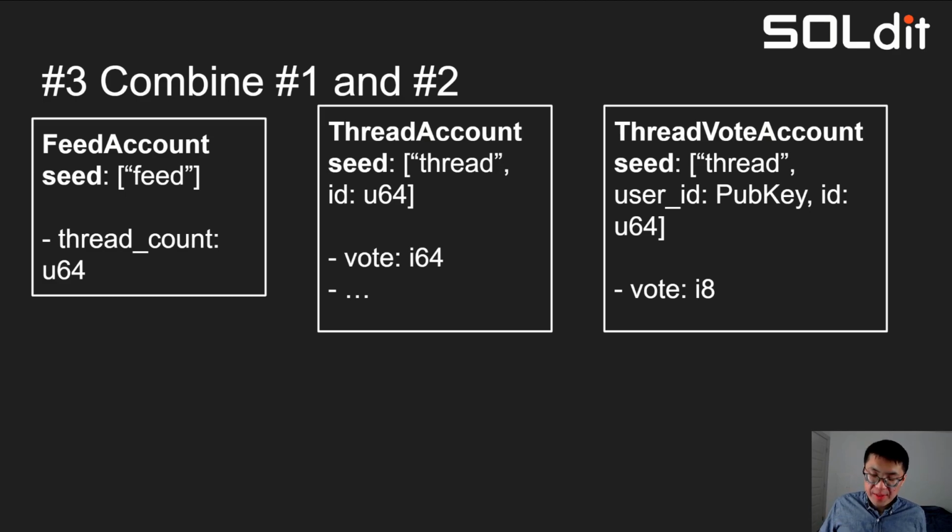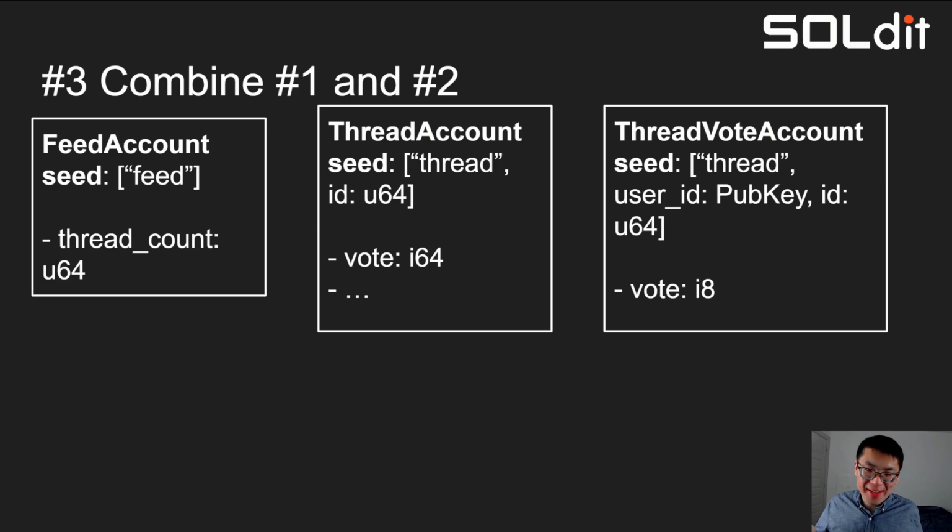Well, one thing we can do, and it could get pretty expensive, is instead of relying on a count like we're doing right here, we could do something like we did in the previous video, where we have a list of counts associated with users that voted for this thread. Then we can look up all the users and sum up all the values together. And because every account is unique, we're not going to have any issues with double counting.